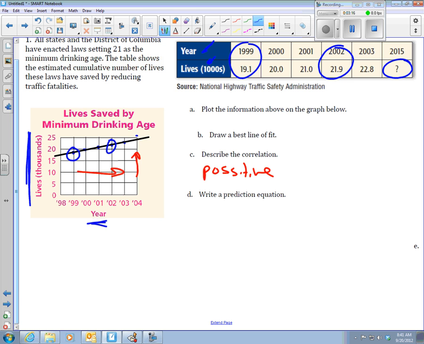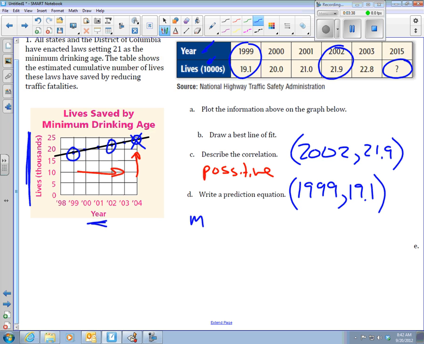It could be where it crosses the grid. It doesn't cross very well there, so I wouldn't use that one. But anywhere where it crosses the grid or a point on the line. So first of all, 1999, 19.1 is 1 point, and 2002, 21.9 is the other point I'm going to use to write my prediction equation.